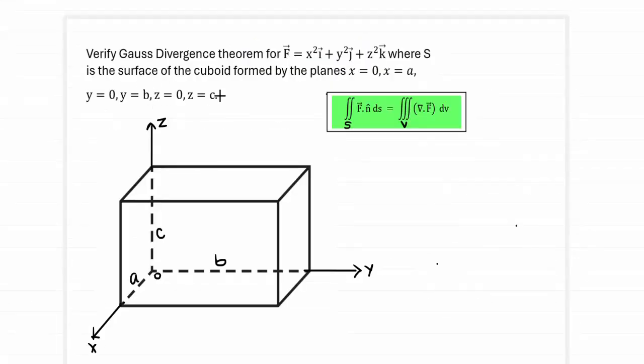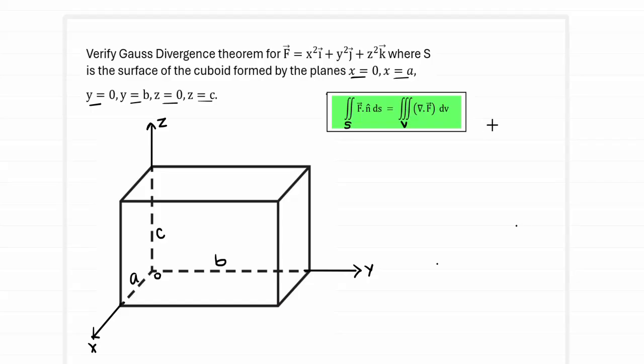Therefore, we are going to have all the 6 faces of a cuboid. So x equal to 0 and x equal to a are 1 and 2, y equal to 0 and y equal to b are 3 and 4, z equal to 0 and z equal to c are 5 and 6. So we have totally 6 surfaces for the cuboid. The first mark for any verification question will be given for the statement of the theorem.